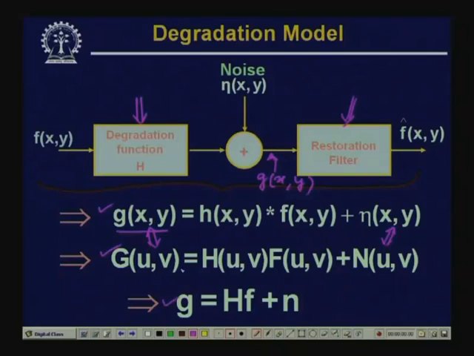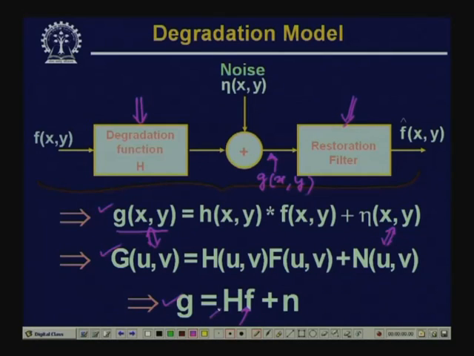And in the last class, we derived another mathematical expression for the same degradation operation, but there the expression was given in the form of a matrix. That matrix equation is G = HF + N, where G is a column vector of dimension M×N, where the image is of dimension M by N. F is also a column vector of the same dimension M×N.